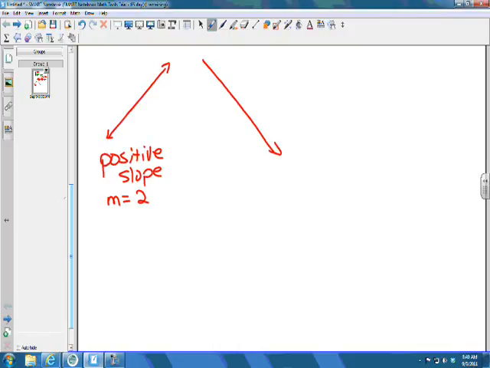Very opposite of that, if it's going down, that is negative slope. And so that one has to be negative. If your slope is negative, it's just a way to check it. Make sure if your slope is negative that your line is going down from left to right.